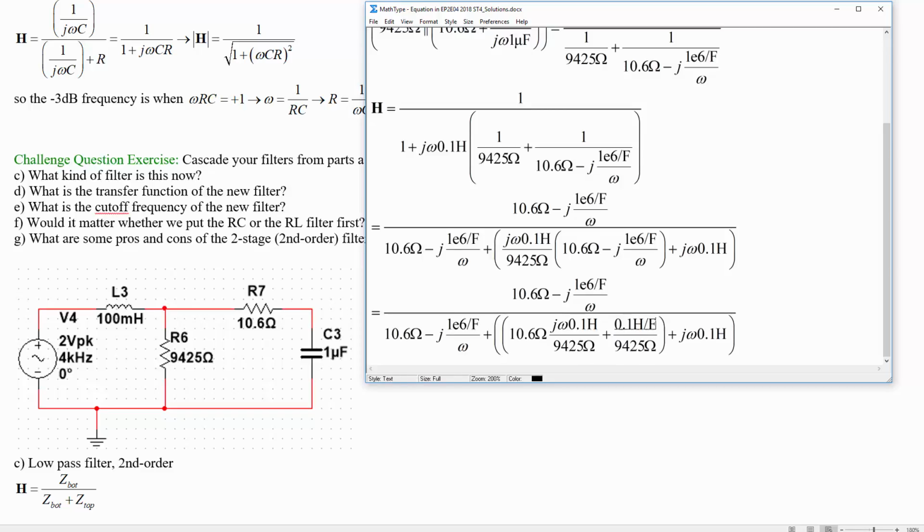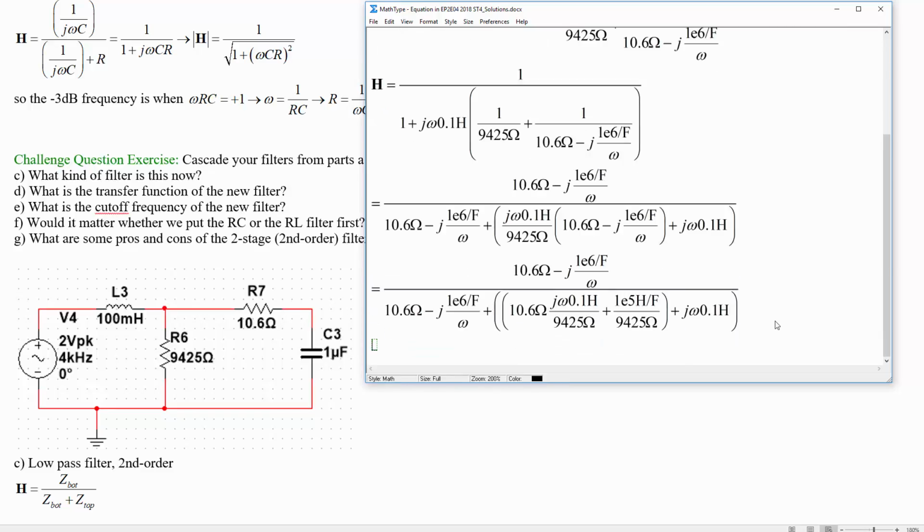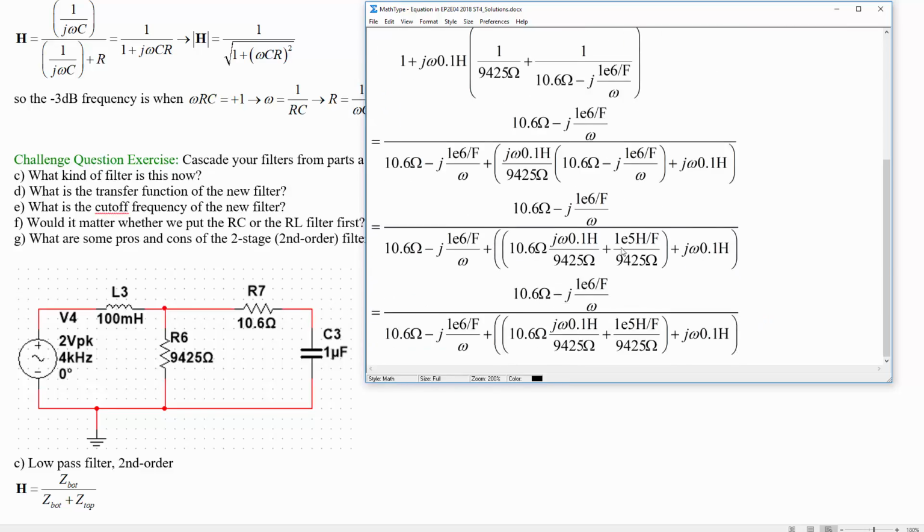And the 0.1E6 is going to be 1E5. Then maybe we want to collect all the imaginary terms together, and all the real terms together. So this one is a real term. We'll put that over there.